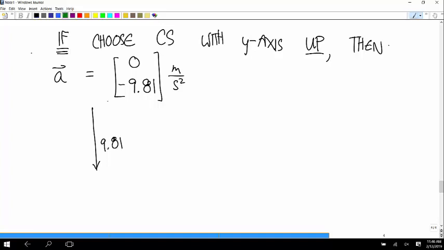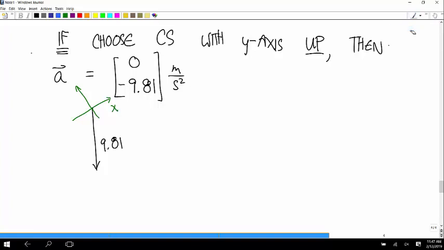And if you choose a coordinate system like this, then you have to do one of those trigonometry problems to figure out what the components are. In this case, it would be in the third quadrant, so you'd have some kind of negative components for x and y. But if you choose the coordinate system with y-axis up, which is what we're going to do by far the majority of the time, then it's just 0, negative 9.8.